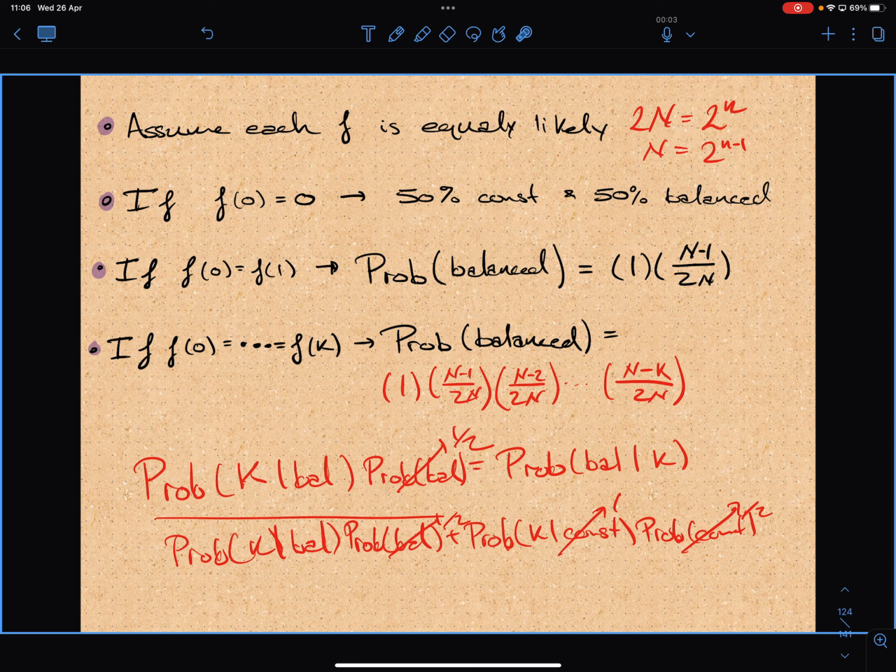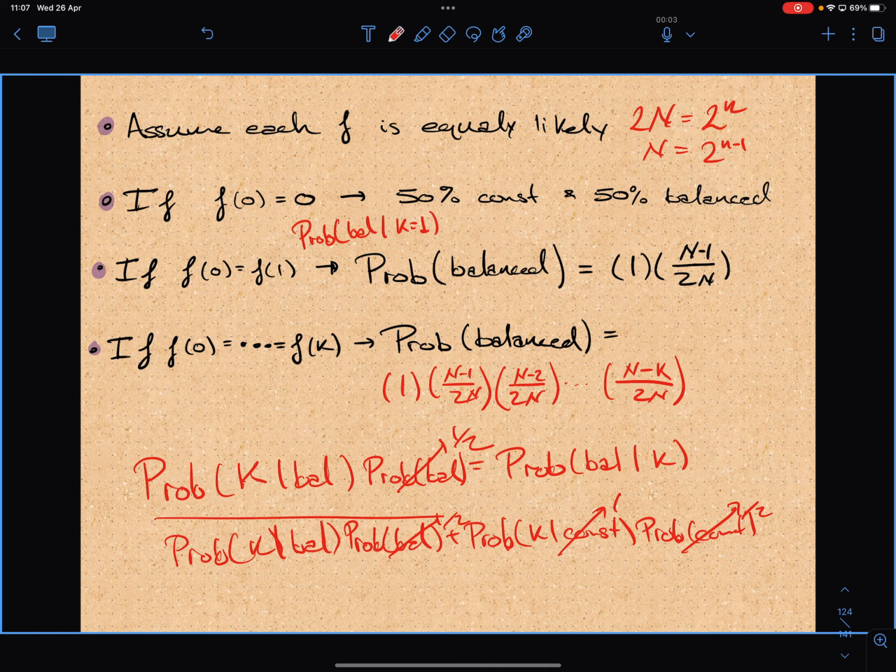What I really want to compute is the probability that it's balanced given two measurements. I'm going to denote k equal to 1.